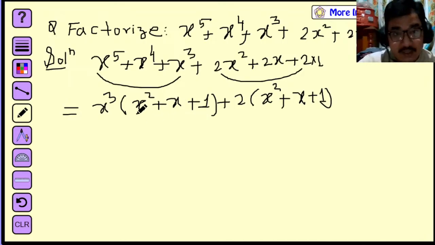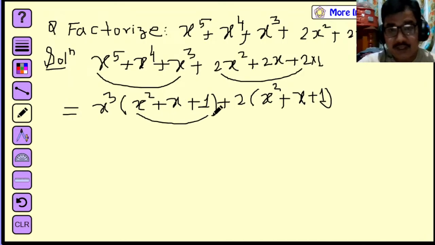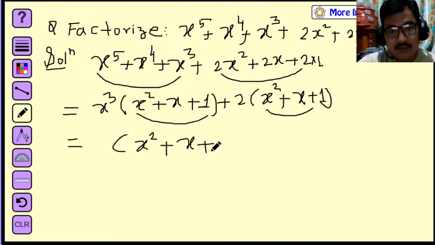Okay, children, after taking this remaining and this remaining, they are the same. That's why x square plus x plus 1, this same factor we have to take common. And what is remaining here?